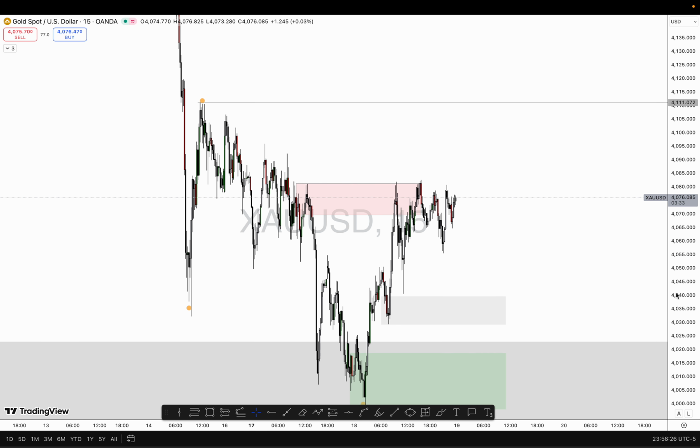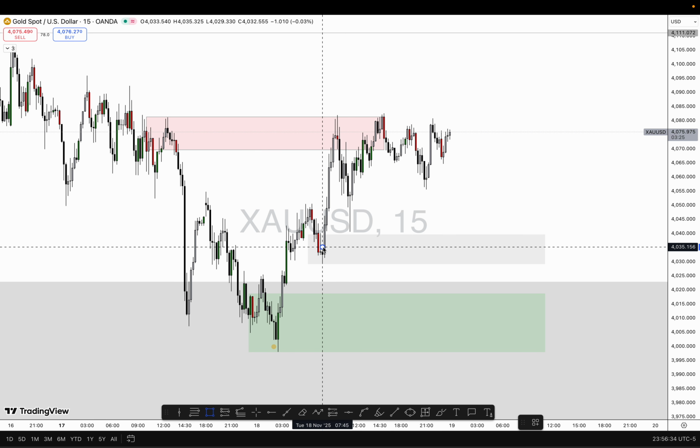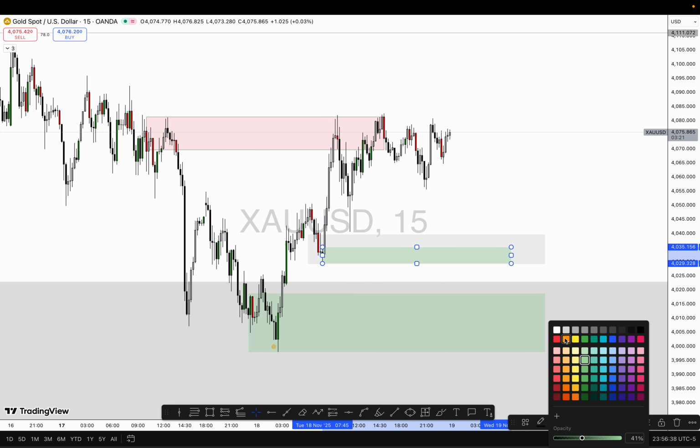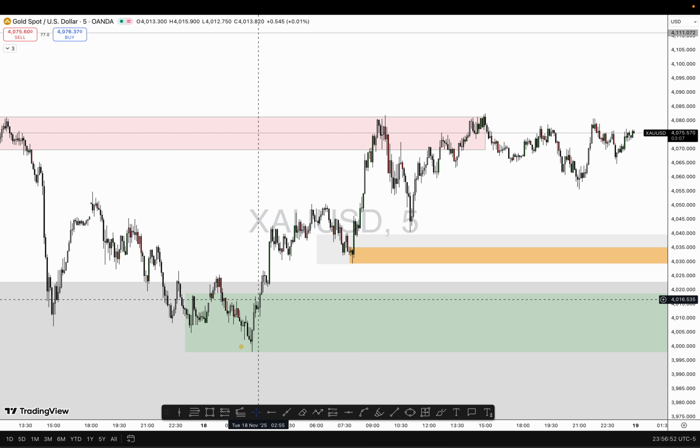Okay, so 15-minute. On the 15-minute time frame, we have demand nested in the 1 hour, and well, in this area here, there isn't a clear 15-minute demand. So let's go down to the 5.